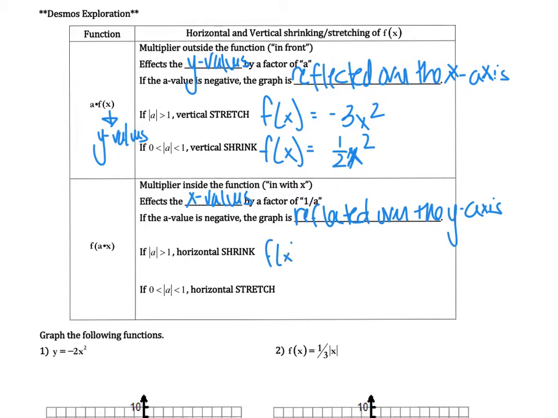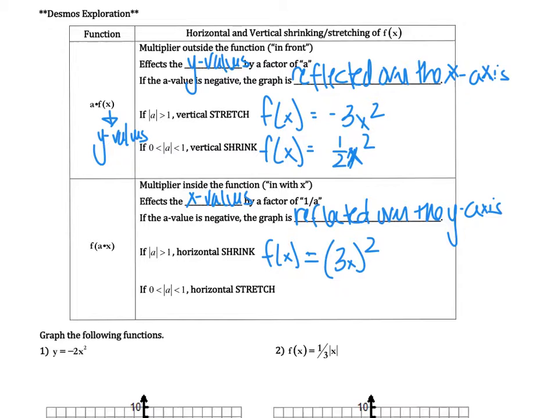So if I have a horizontal shrink, that's going to be in parentheses 3x squared. So notice that we're multiplying x by 3 first and then we're squaring it, versus up here we squared x first and then multiplied by negative 3.